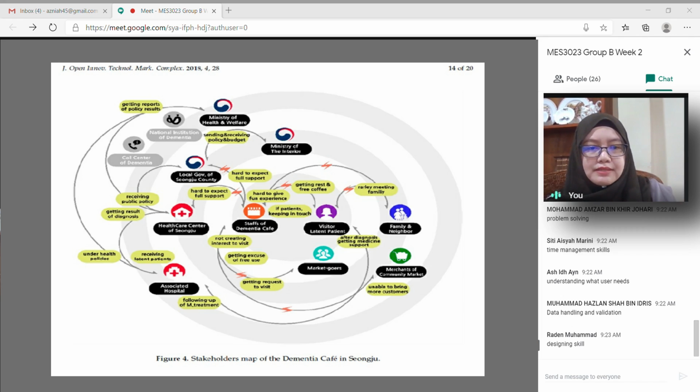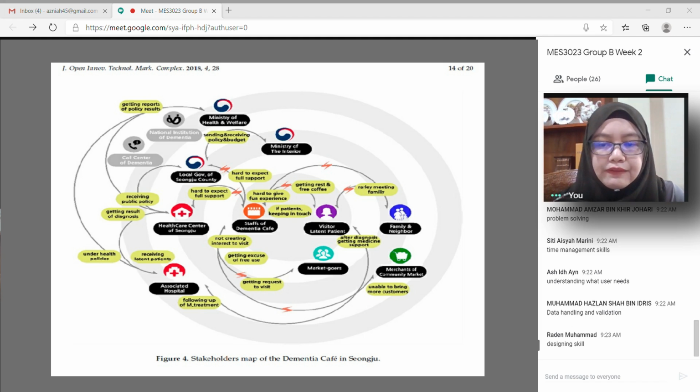Okay, so this is an example. I know you cannot see it very clearly, but if you have my notes, you can read it out. You have to focus on the black and the gray oval boxes. Let's see the first one, starting from the middle. This is about stakeholder analysis for a dementia cafe.